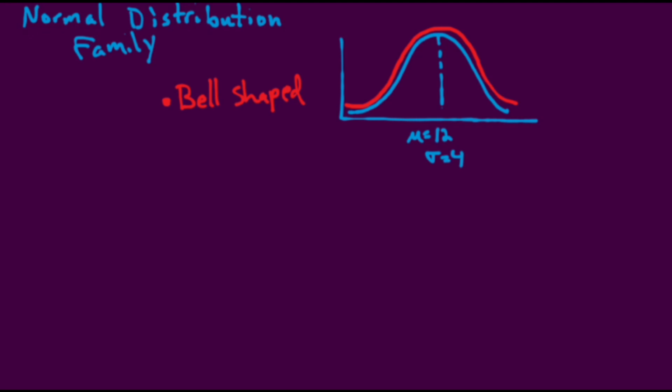So they're bell-shaped. They are symmetrical. This is going to be incredibly useful for us in that we can think about probabilities, knowing that half of the probability falls to one side of the mean and half falls to the other side.